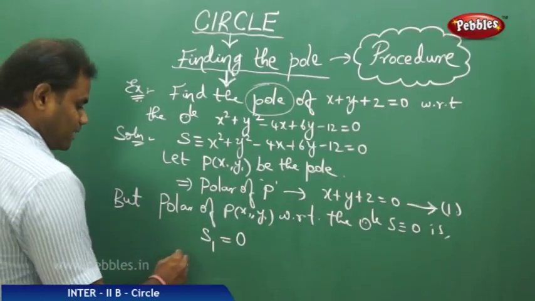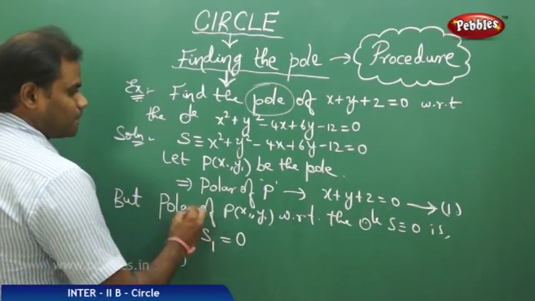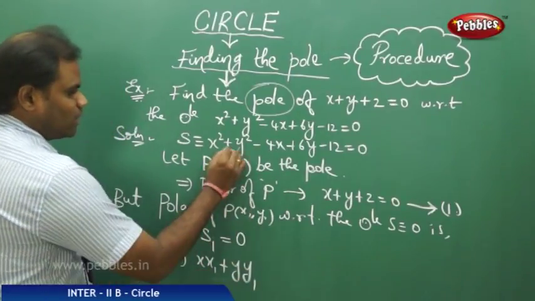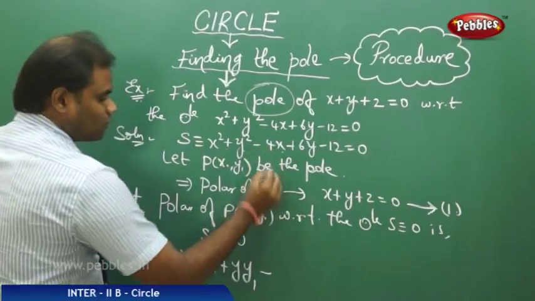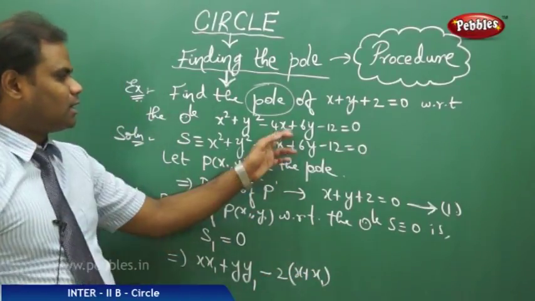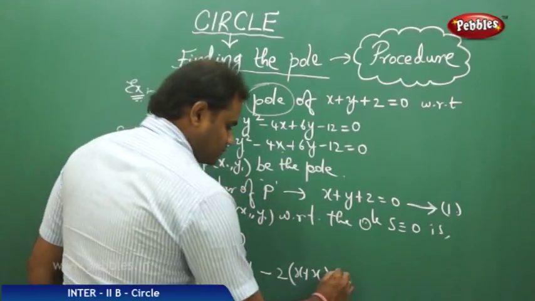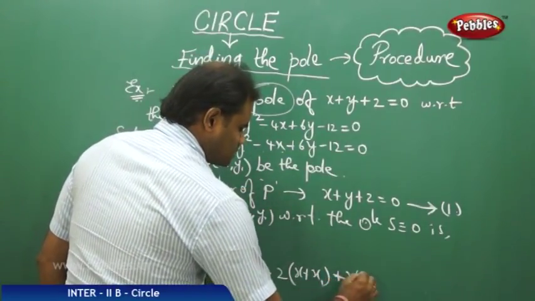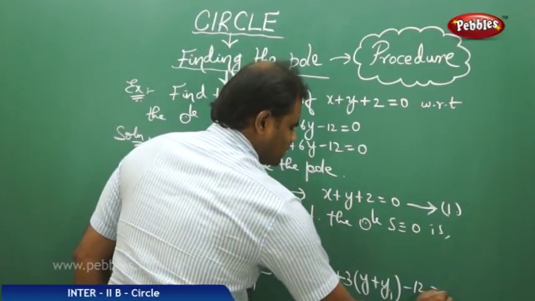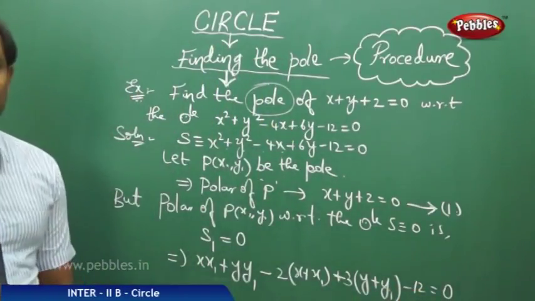That is, my S1 is x1 x plus y1 y minus half of 4, which is 2, times x plus x1, and half of 6, which is 3, times y plus y1, minus 12 equals 0.